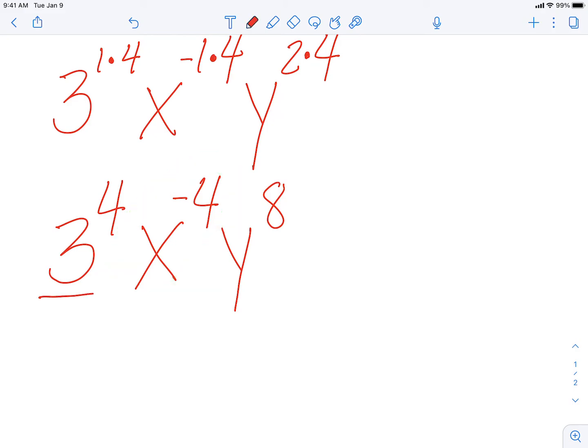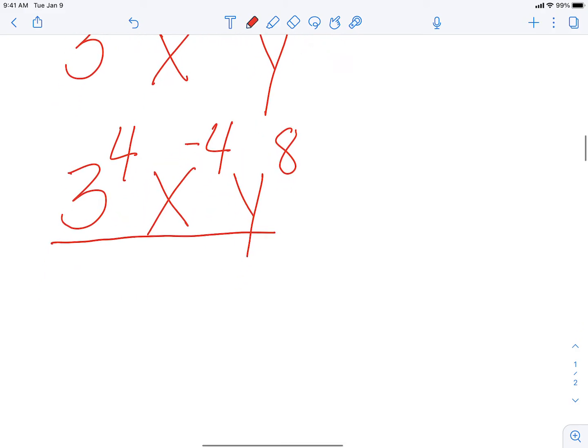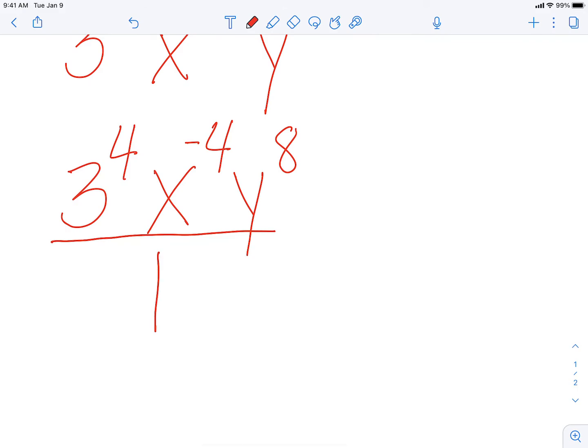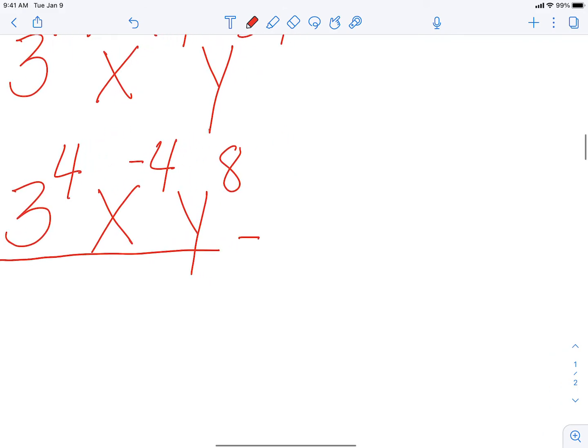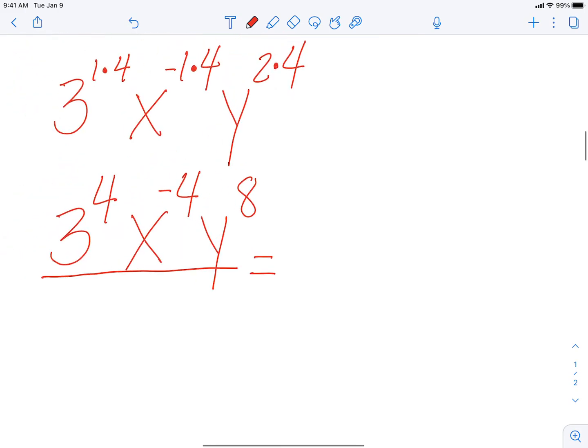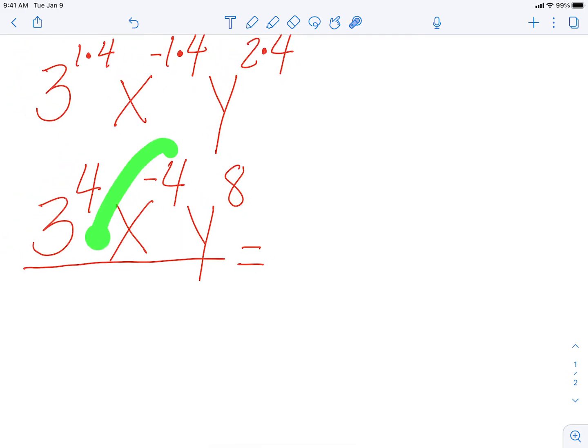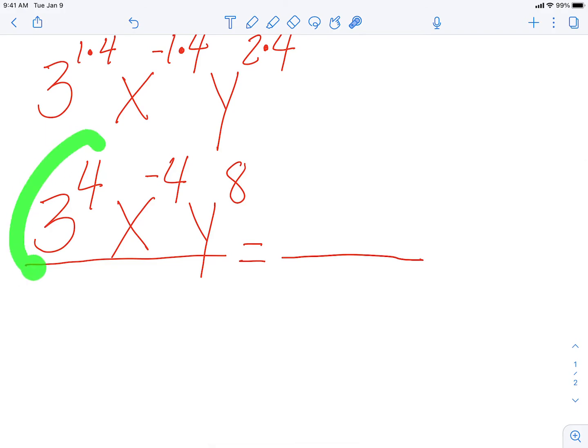So remember, I'm going to write a fraction line. Now again, I can write a 1 here, but I'm going to leave it blank for now. So what I want to do is bring this x to the -4 down, so it could become x to the +4. So I'm going to draw my division line here. Okay. 3 to the power of 4 is already a positive exponent, so it stays up there.